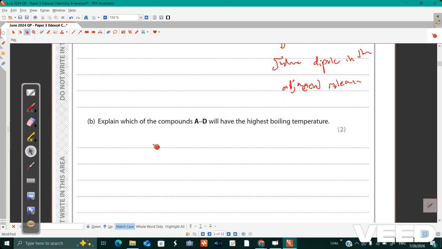First point is for what? Least branched, therefore more surface area, or more points of contact, right? Or they can have better packing. When it is branchless, it can have better packing. They can get close to each other, right?